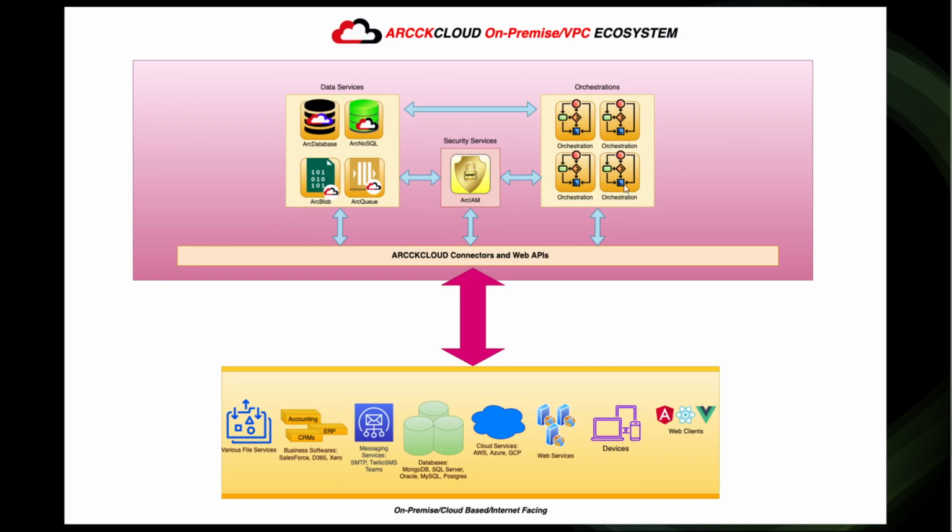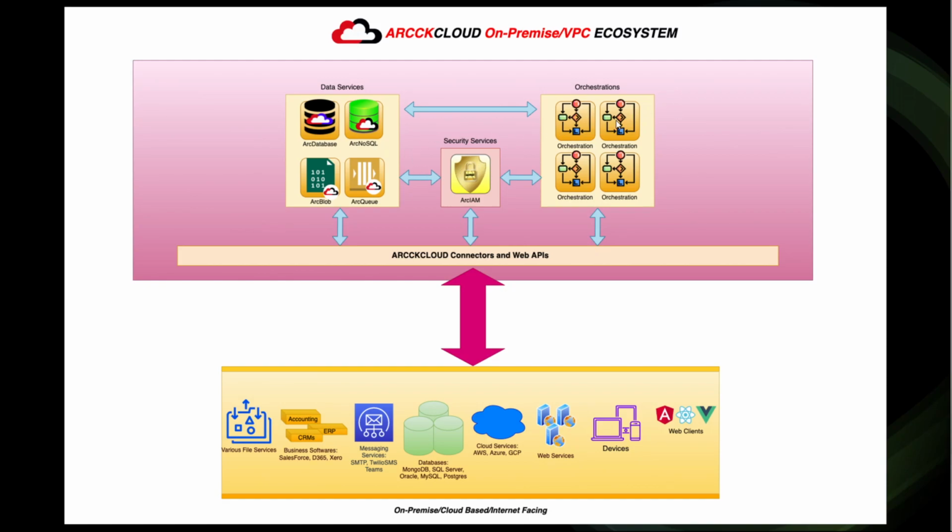So the ArcCloud on-premise VPC ecosystem is shown below. Here we have the ArcCloud, and we have the various data services which are available with the out of the box installation, and we have the IAM service.